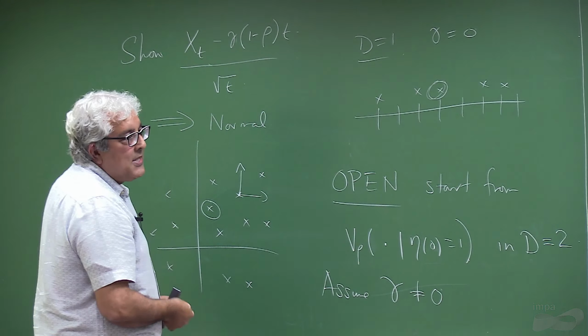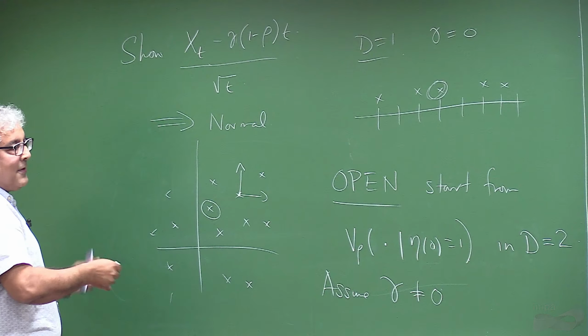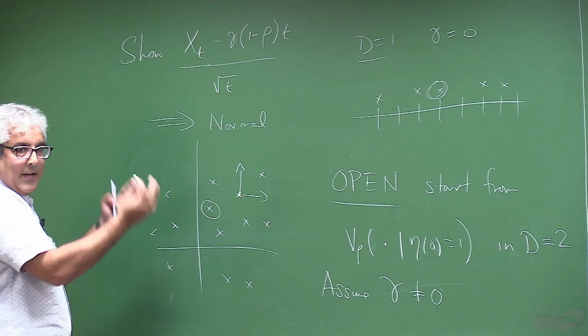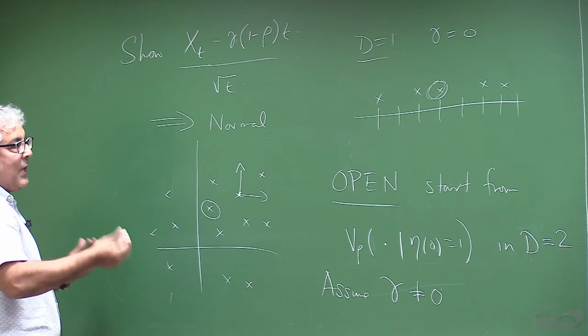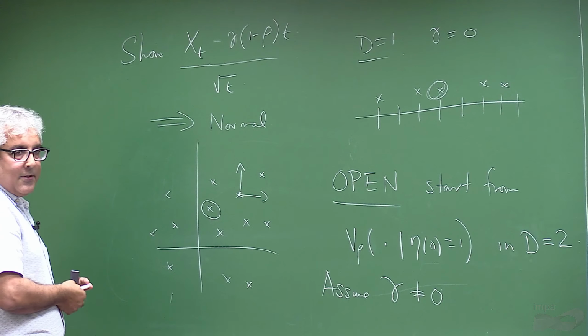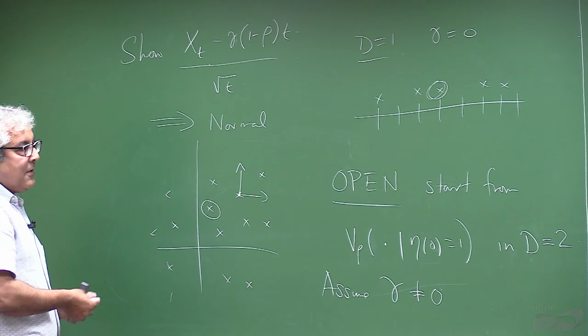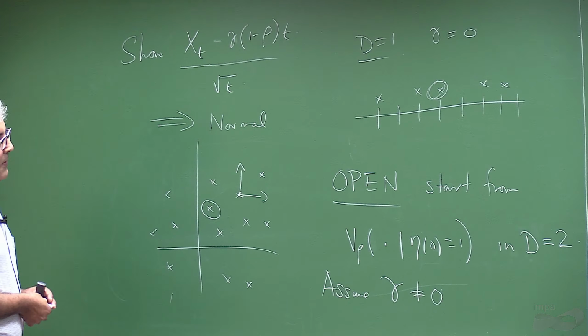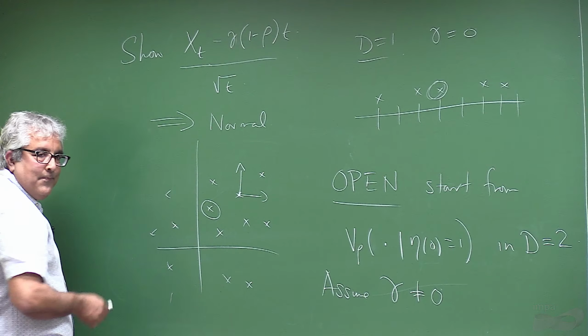In high dimension, 3 and higher, the tagged particle is not seeing the others so many times, and you have a lot of transience estimates which allow you to do it. That's a theme also in high dimensional KPZ equation and things like this. But in 2 dimensions, it's just on the border.